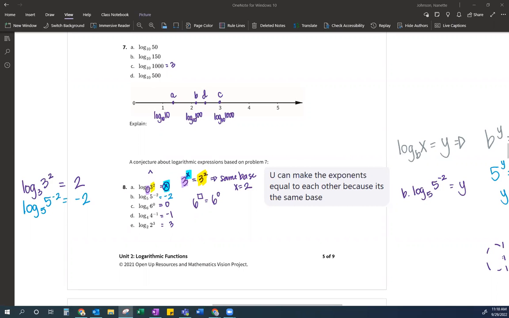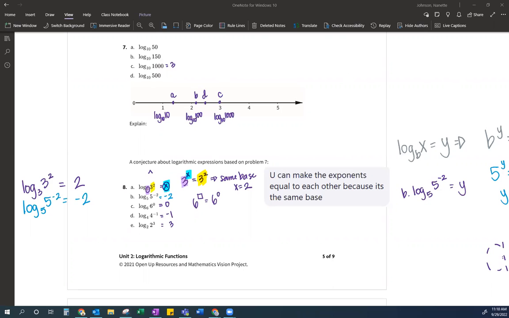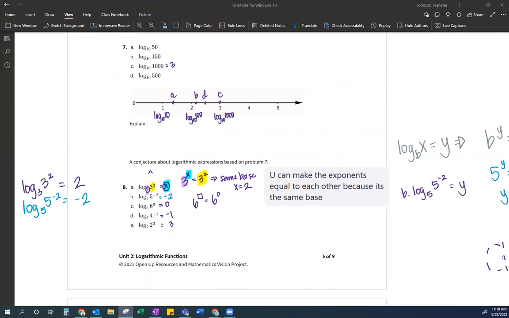So someone said, when the base and the argument are the same, the x and y will be the same. Okay, good. And then I also got someone else saying, since the base is the same as the argument, the exponent of the argument is the answer. I kind of like that one too. I'm going to grab this one. I just need it to be in your language, right?